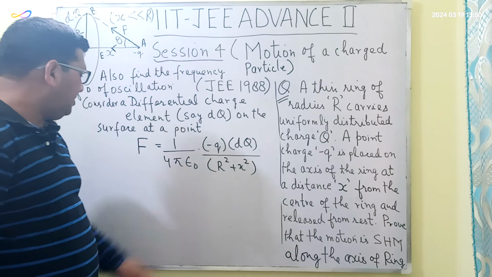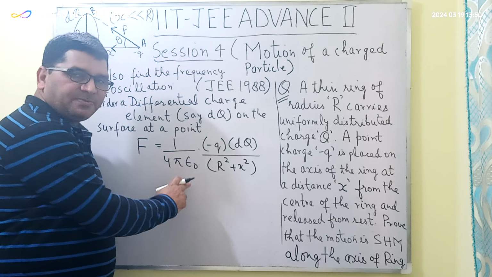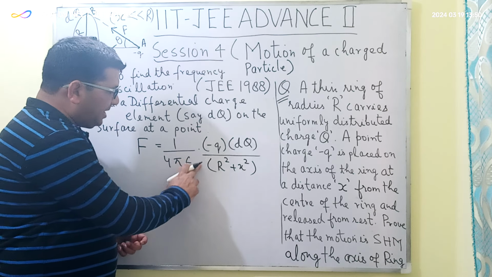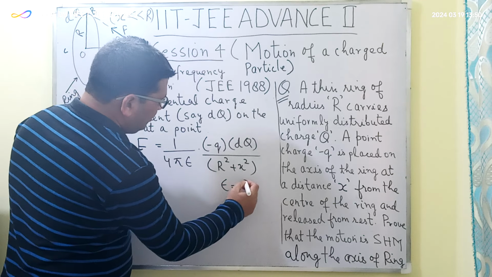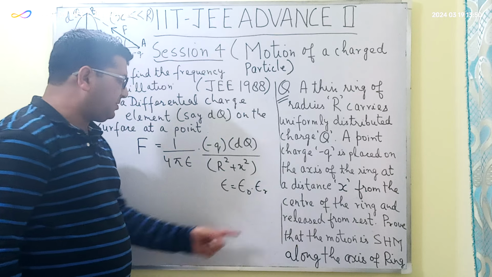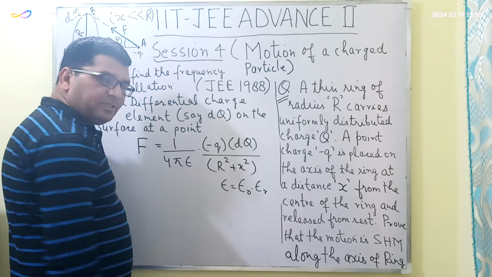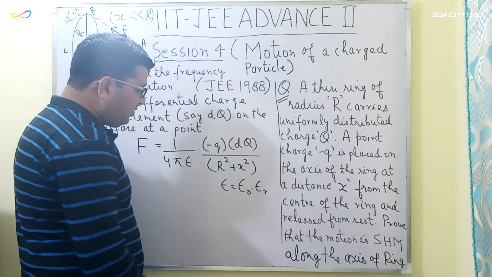And in this formula, I have used 1 by 4 pi epsilon naught. Actually the formula is with epsilon, where epsilon is equal to epsilon naught into epsilon r, where epsilon r is the relative permittivity of a medium, epsilon is the permittivity of the medium, and epsilon naught is the permittivity of free space.